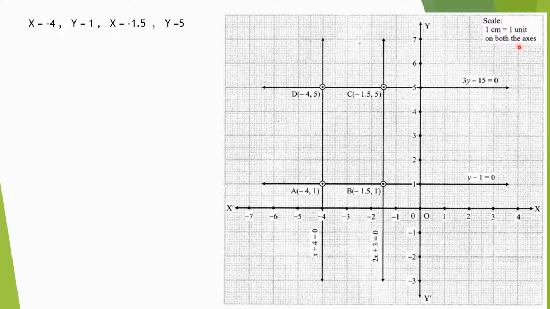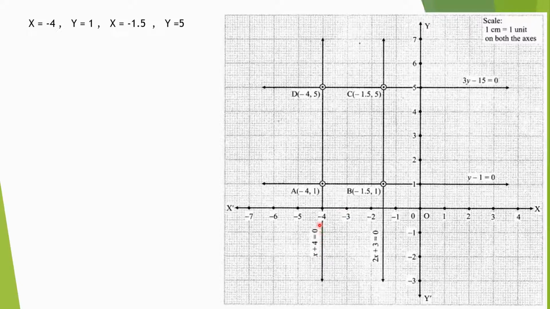Your first equation, x is equal to negative 4. There is this line, x is equal to negative 4. This line is parallel to the y-axis and to its left at a distance of 4 units. This is x plus 4 is equal to 0, that is, x is equal to negative 4.